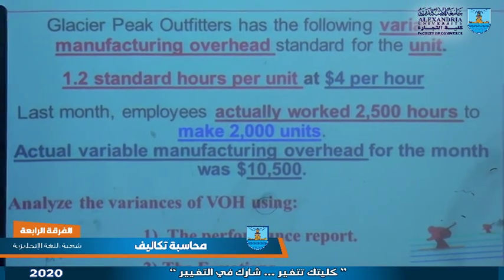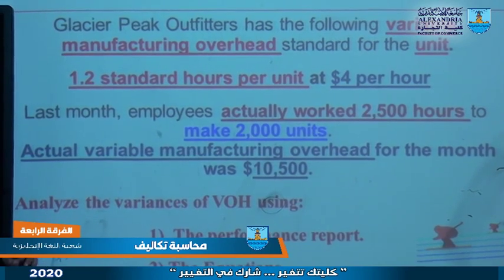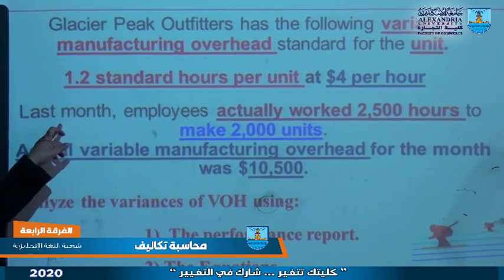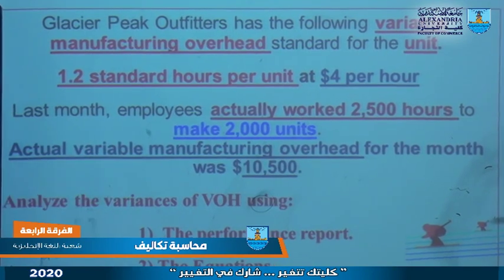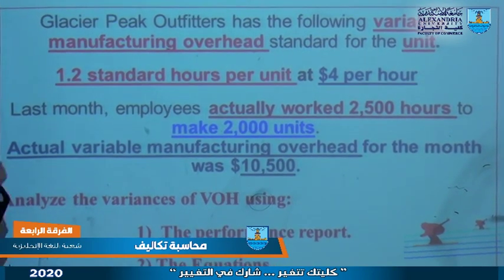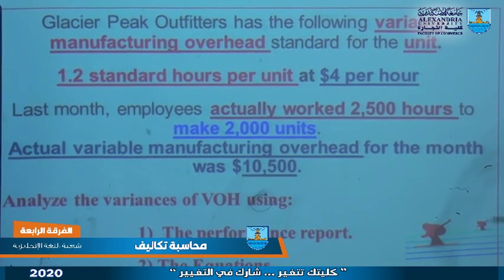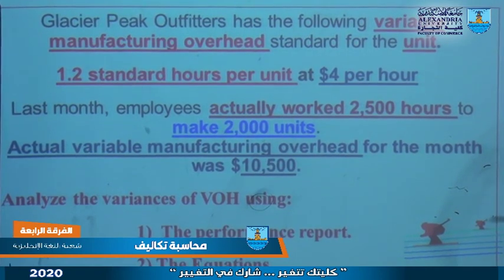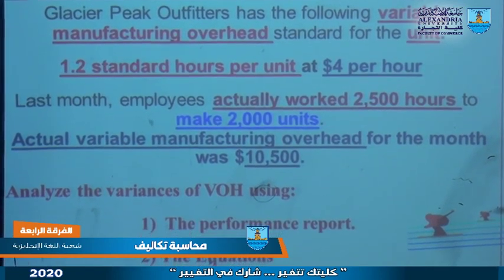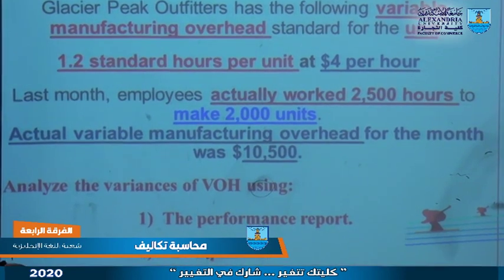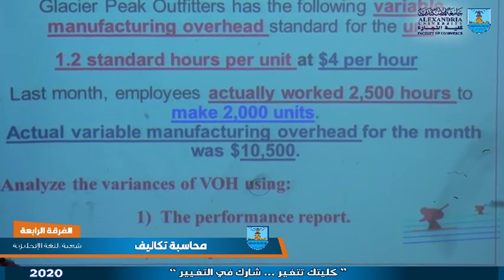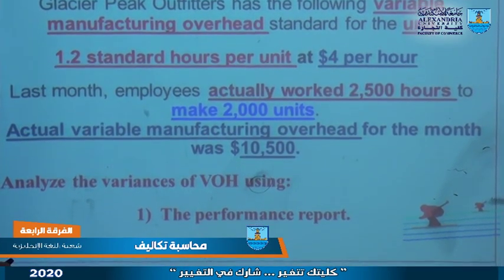Last month, employees actually worked 2,500 hours to make 2,000 units. Here I speak about actually worked hours, it means actual hours. To make 2,000, it means, yes, actual production.